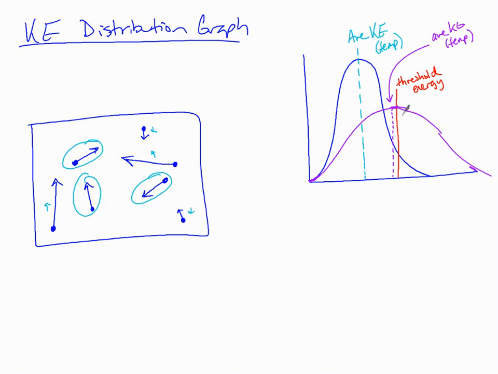And now look at how many of these molecules are beyond that threshold energy. Now we've got all of this instead of just this. So beforehand, we had maybe 5% had enough energy to react, and now we're looking at almost half has enough energy to pass that threshold and actually react.